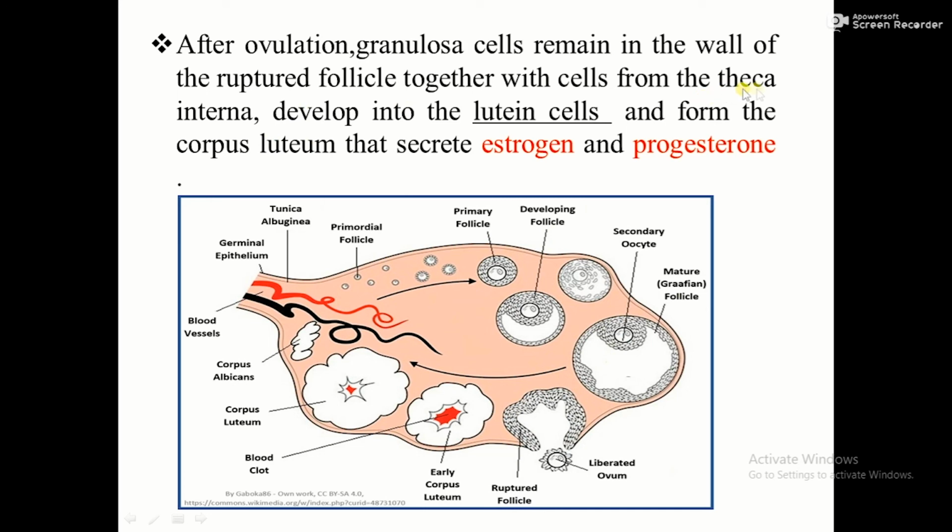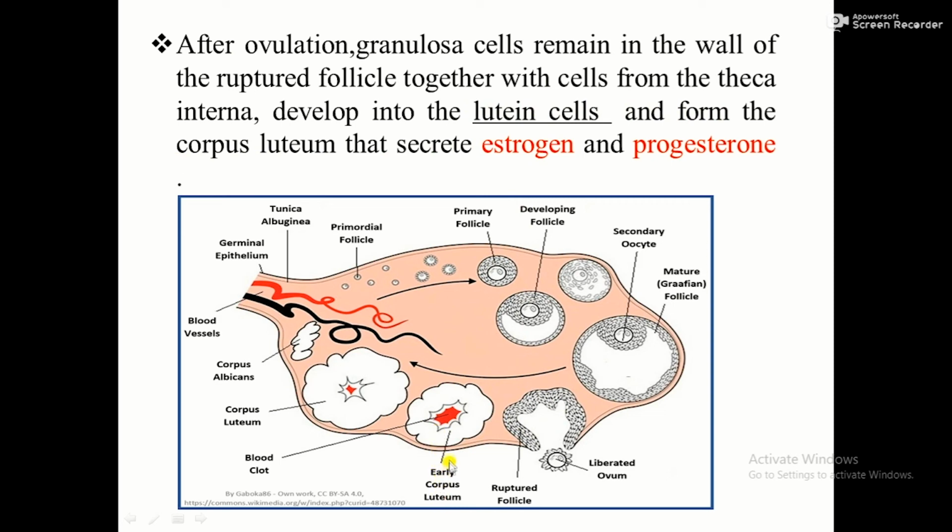Together with the cells from the theca interna, they will develop into lutein cells. These lutein cells will form the corpus luteum.